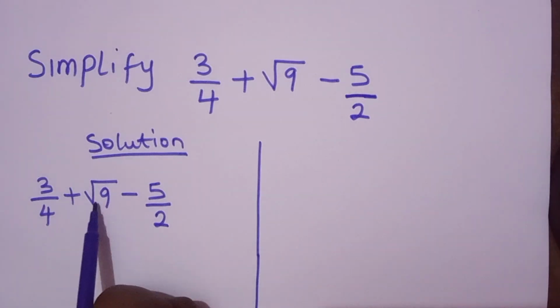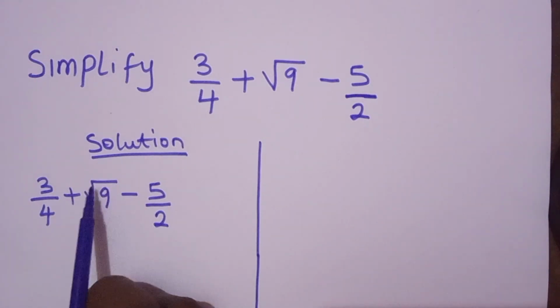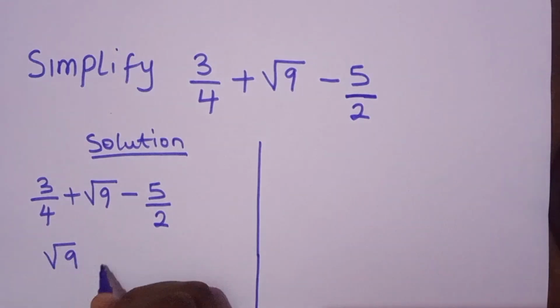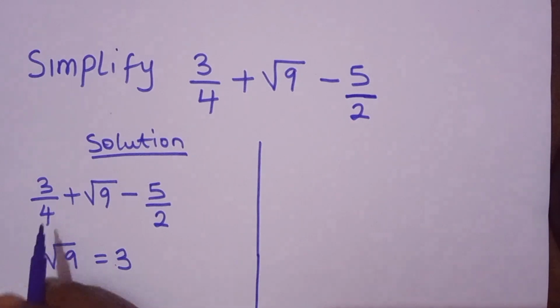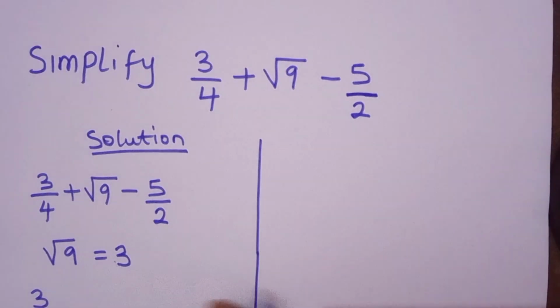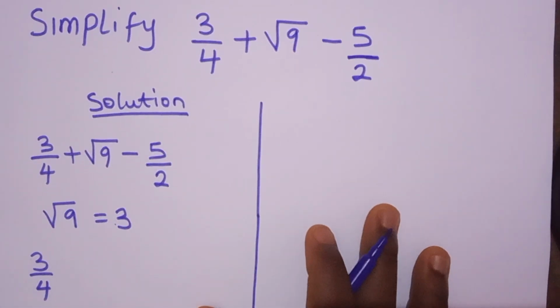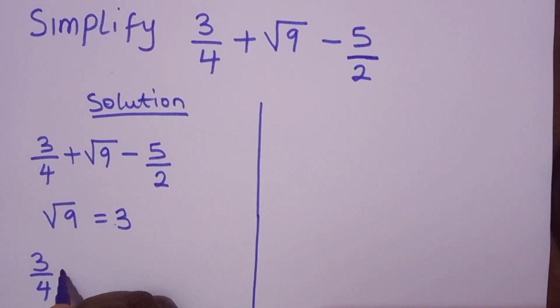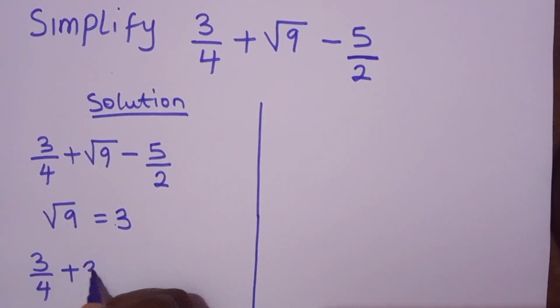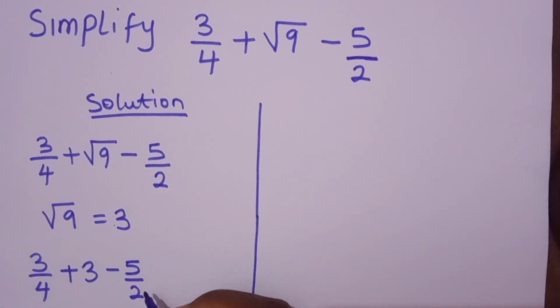First, let's deal with this root 9. Root 9 is equal to 3. So the equation becomes 3 over 4 plus root 9, which is now 3, minus 5 over 2.